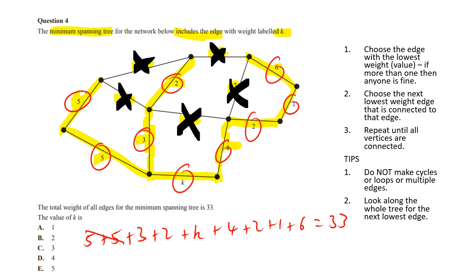You can get your calculator, but that's 10, 20, 25, 27, 28. Why do people always have to add things in order? It makes it higher. 28 plus k equals 33. Therefore, the only thing that makes sense there is 5. 28 plus 5 does equal 33. There we go, all done.